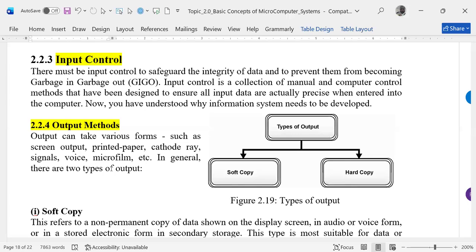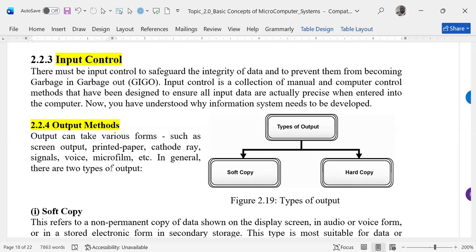Good. Then the next one is the output method. We have two types of the output method: soft copy and hard copy. So put in mind that in our system, we can generate two types of copies. One is hard and another is soft. The hard copy is the one that has been printed via a printer, which can be touched and moved from one place to another. The advantage of this copy is that it is available when needed.